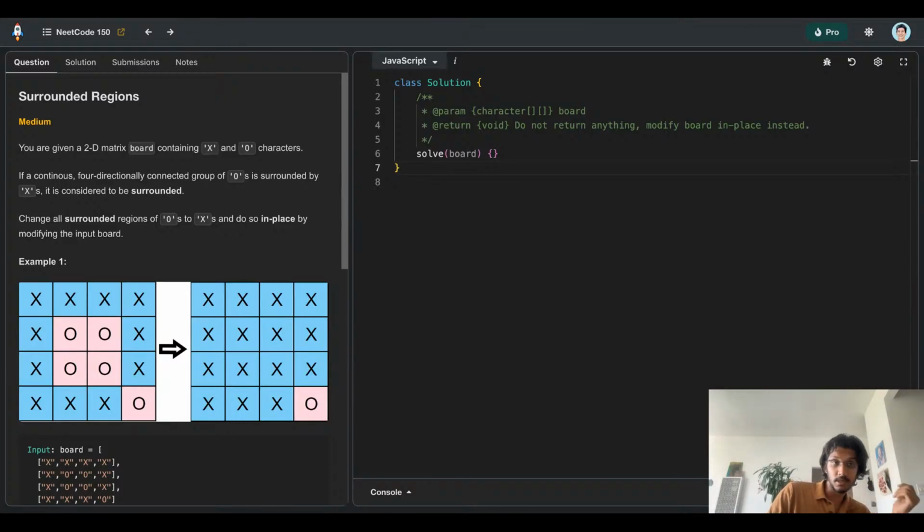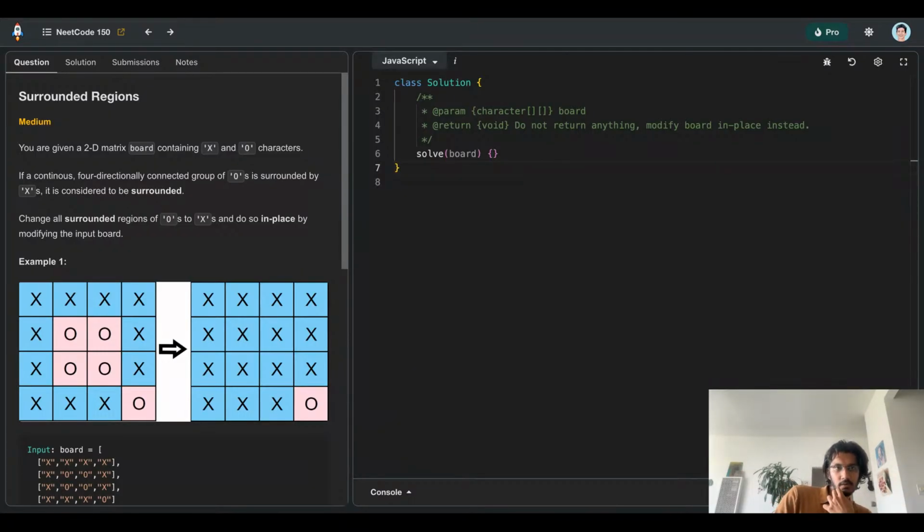One approach would be you start from the outer end of the square and you start looking at the border, and then you start moving inwards. If there's an X on the border, you keep moving.